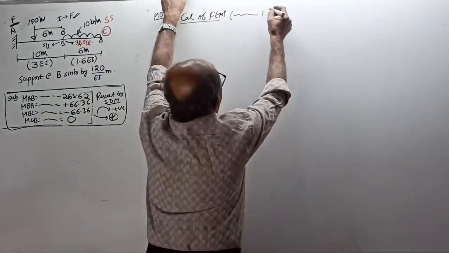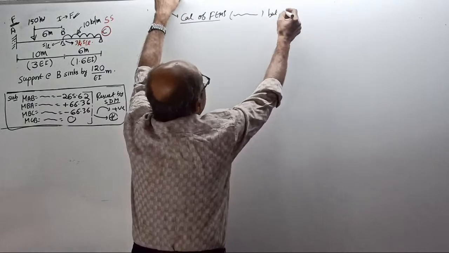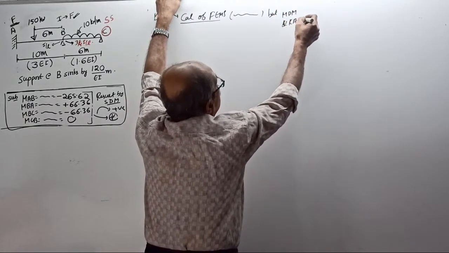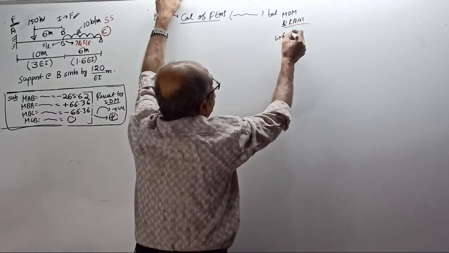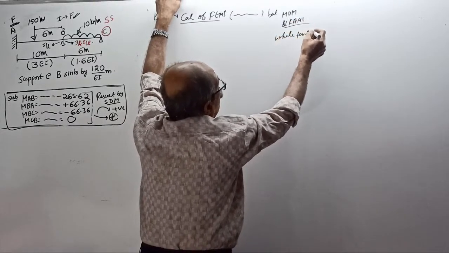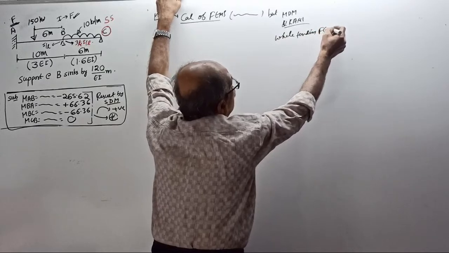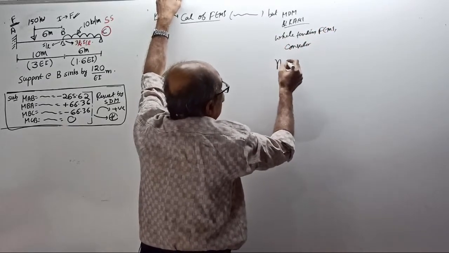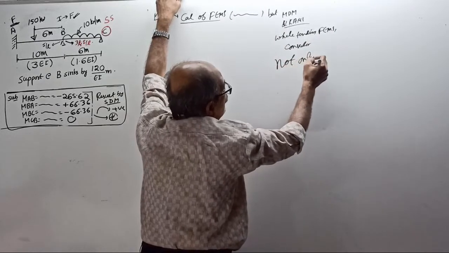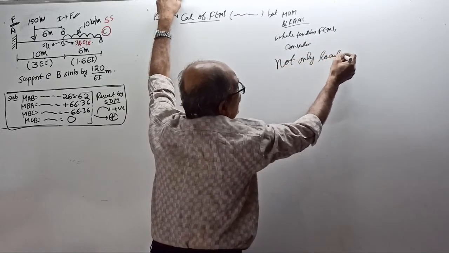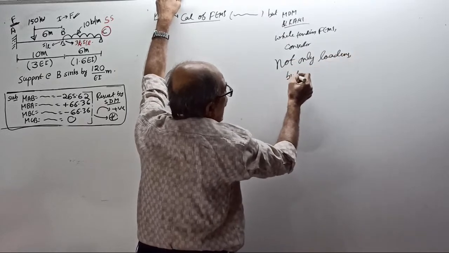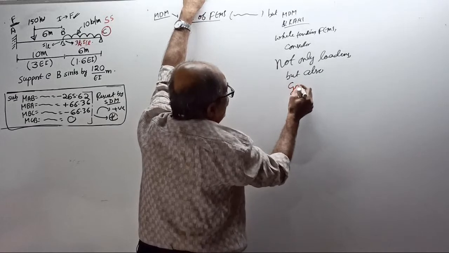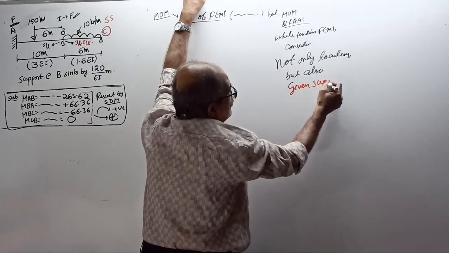But in moment distribution method and also in Kani's method, while finding FPMs, consider not only given loading, but also given support settlement.